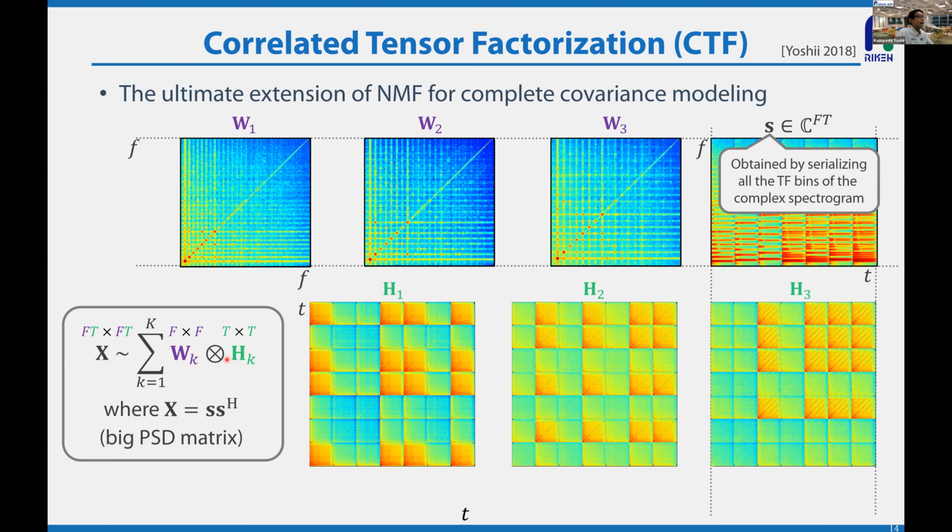BSS is very important for various audio-related systems, including smart speakers and home robots, because there are important functionalities such as speech enhancement, speaker identification and diarization, and acoustic event detection and sound scene analysis. So as a front end of these applications, blind source separation is very important.